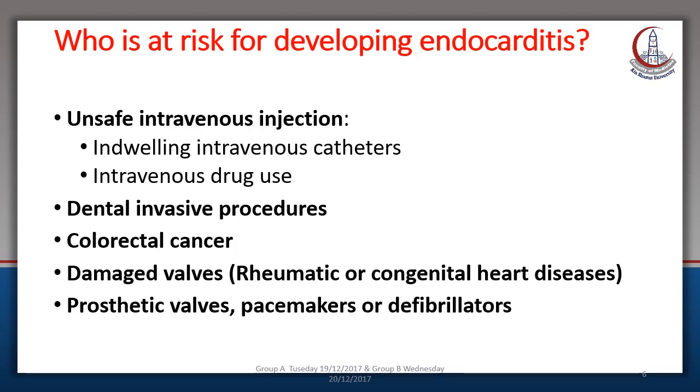It occurs also in patients with damaged valves, either patients with congenital heart disease or rheumatic heart disease, which is associated with damaged valves. It may also occur in patients with a prosthetic valve or patients with a pacemaker or defibrillator.